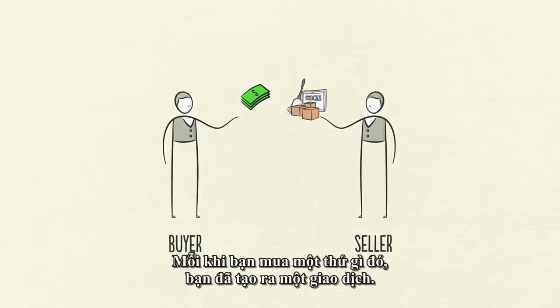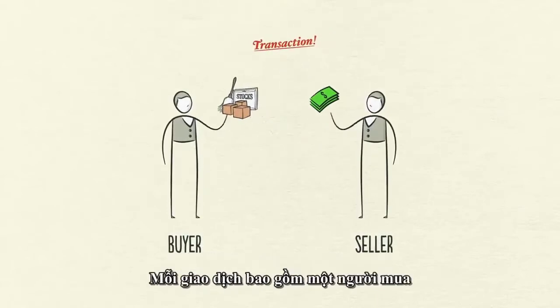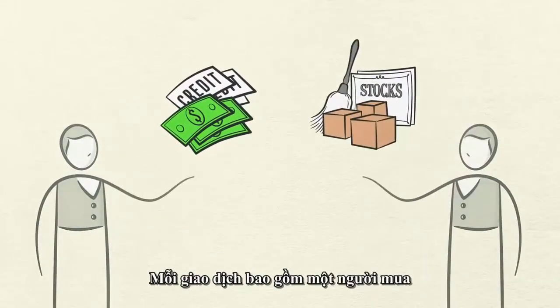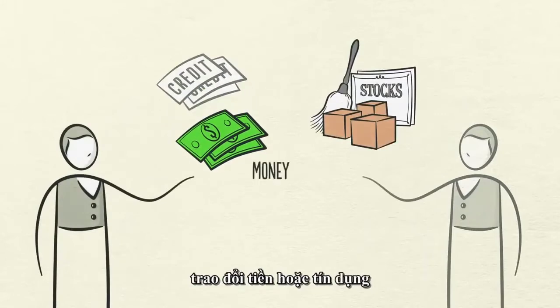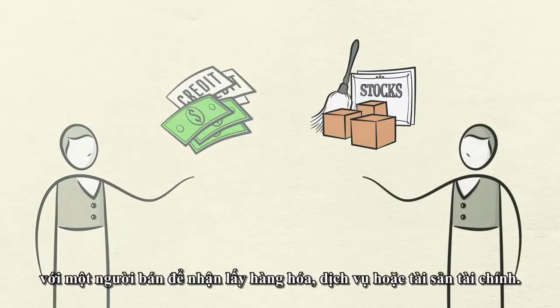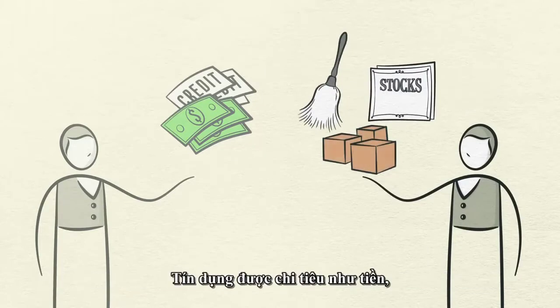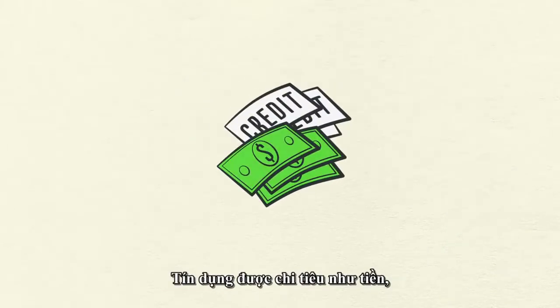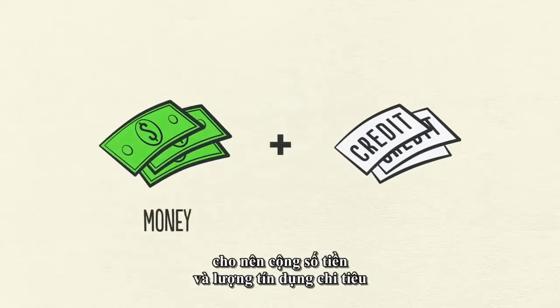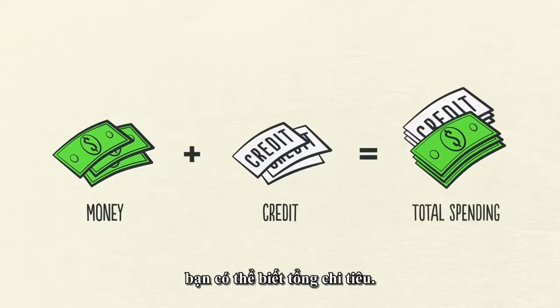Every time you buy something, you create a transaction. Each transaction consists of a buyer exchanging money or credit with a seller for goods, services, or financial assets. Credit spends just like money, so adding together the money spent and the amount of credit spent, you can know the total spending.